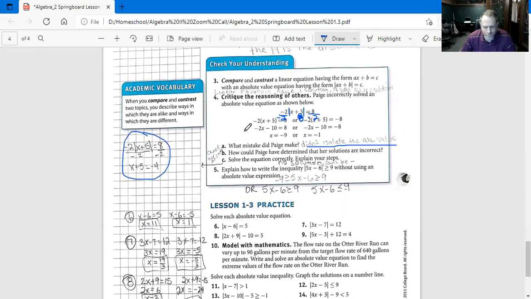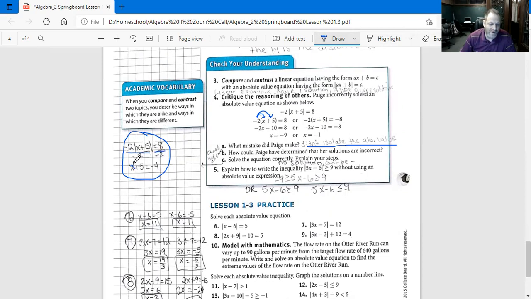All right. So instead of doing that, she tried to do the distributive method. Remember in the other video that we made, we're not going to do the distributive method here. We're going to divide by 2, divide by 2.